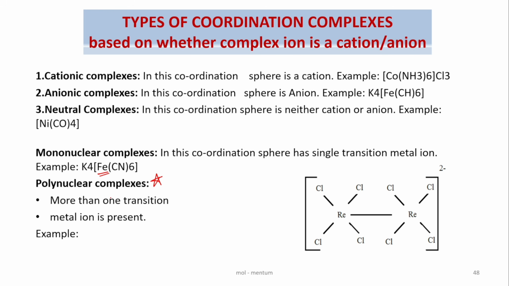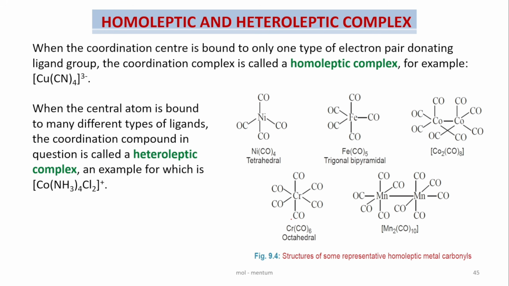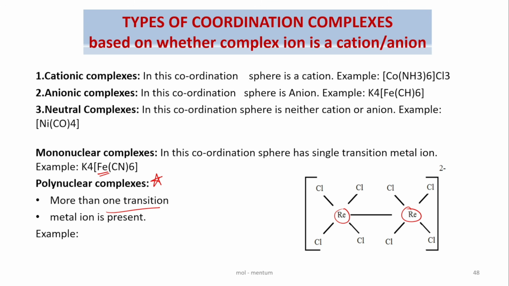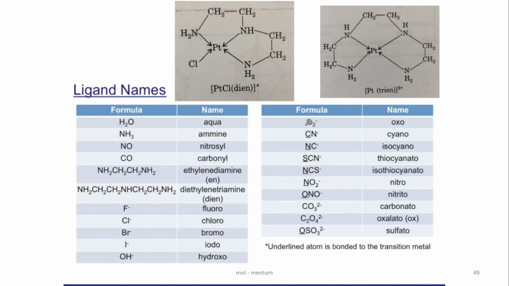But you should know that polynuclear means more than one transition element is present, like this one with rhenium, where two metals are joined together, like the carbonyl case we discussed. When we have two metal ions, meaning two nuclei, it is called polynuclear, but we have to deal with only mononuclear complexes.